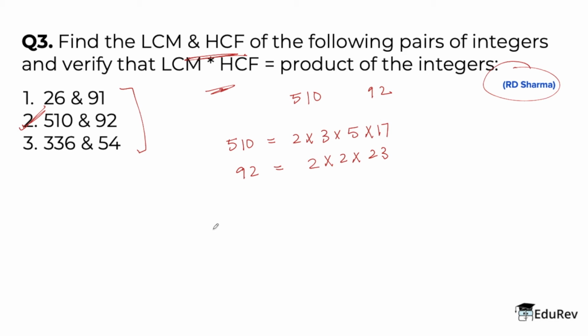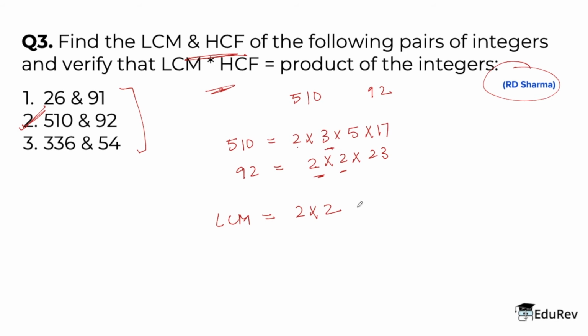Now, if I want to find the LCM of 510 and 92, LCM is the lowest common multiple. So for all the prime numbers which are there, I have to multiply the greatest powers of them. When I talk about 2, it is at max 2 times, so I'm going to multiply 2 at max 2 times.